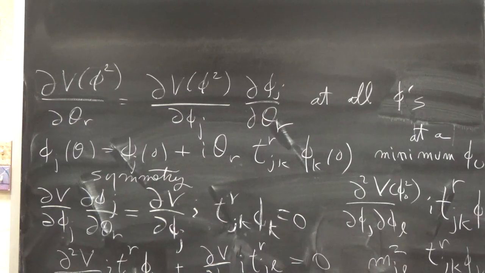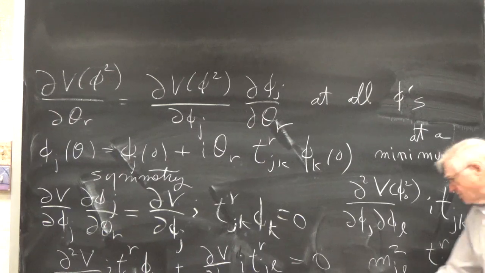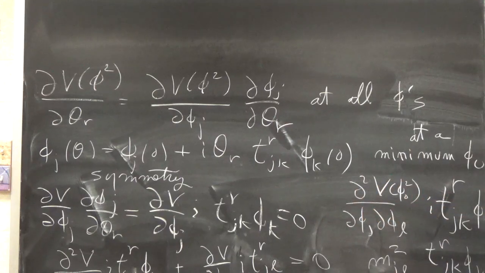So for every generator T_R with non-zero, it's just T_R times the vacuum vector.